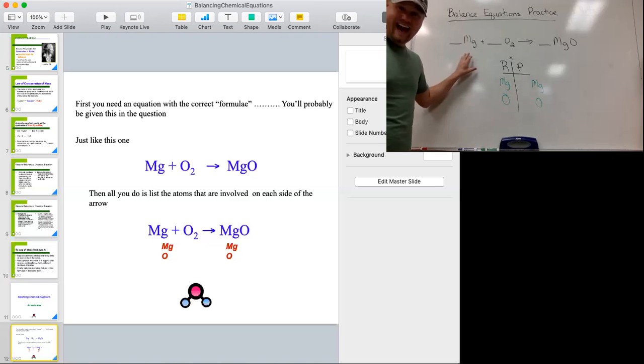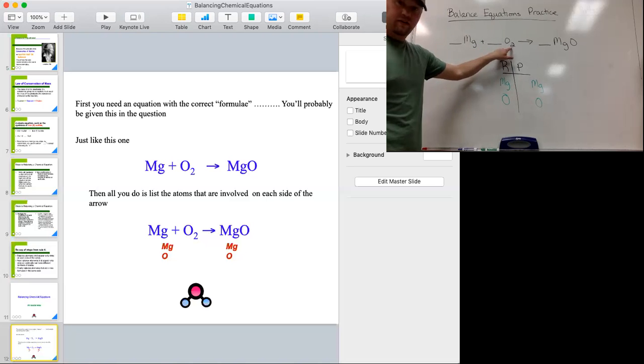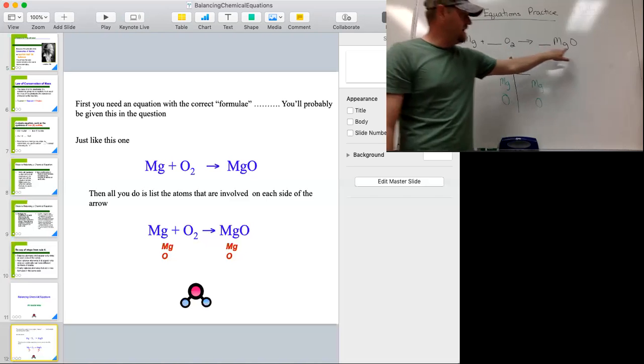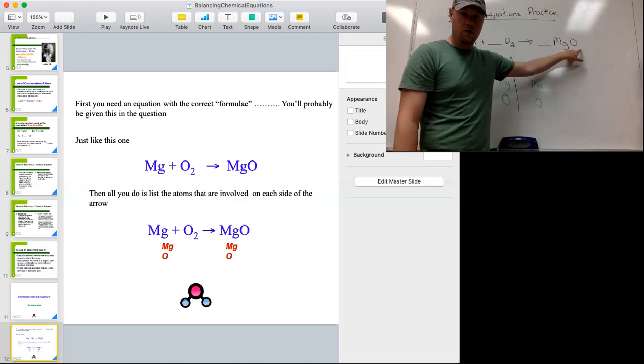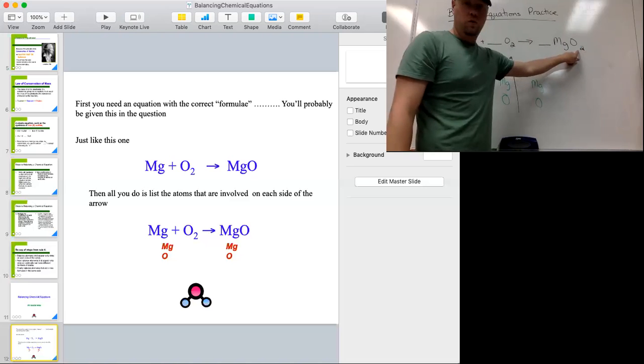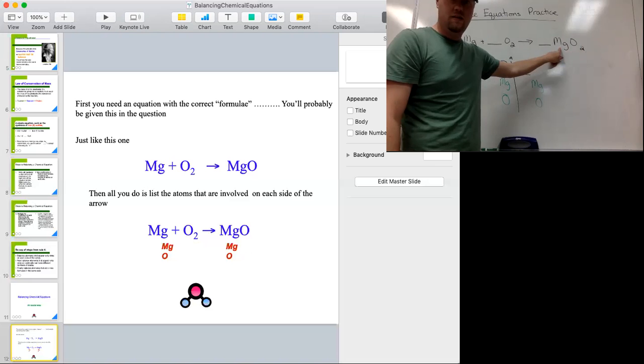All right, the first thing we do, guys, is we look at each of these and we decide how many atoms of each element we have. Now, there's no big number in front of the magnesium, and there's no subscript after it. Remember, a subscript's that little number. Guys, that subscript is only attached to the element that it follows. So if I had a subscript over here, let's say it was like right here, that would only be attached to this oxygen, not to the magnesium.